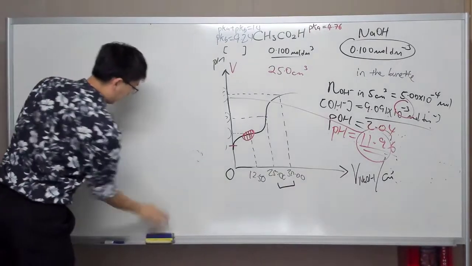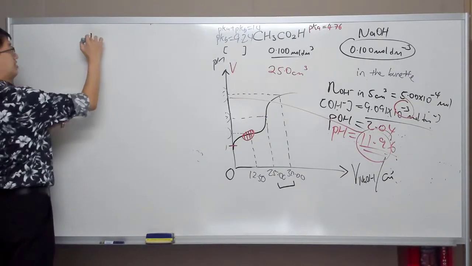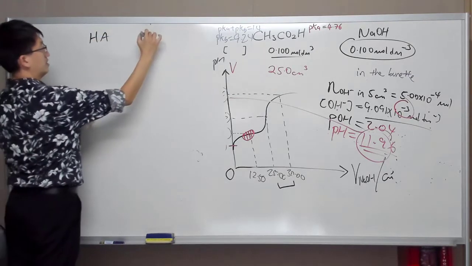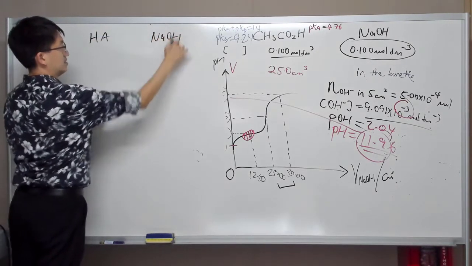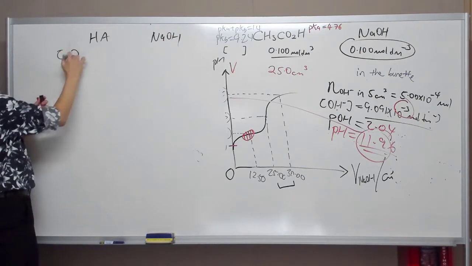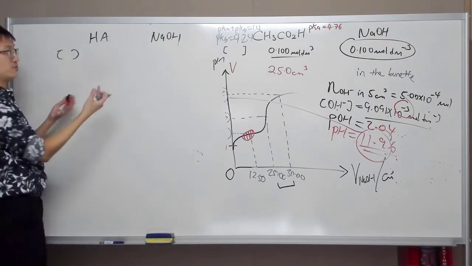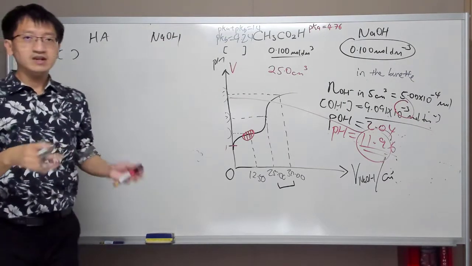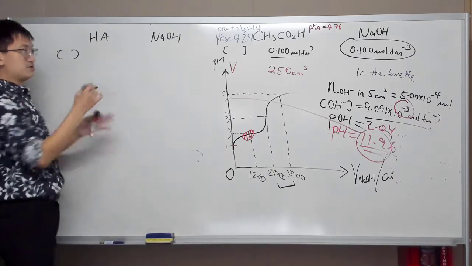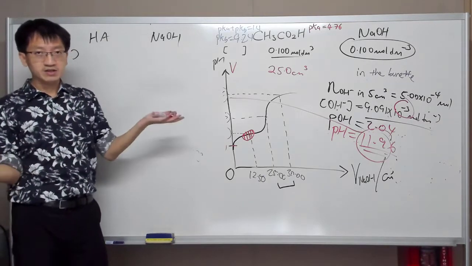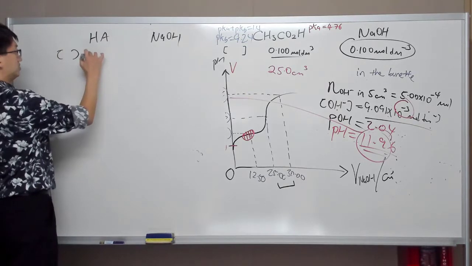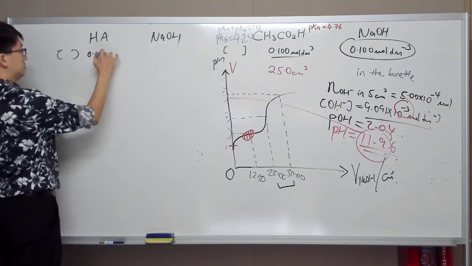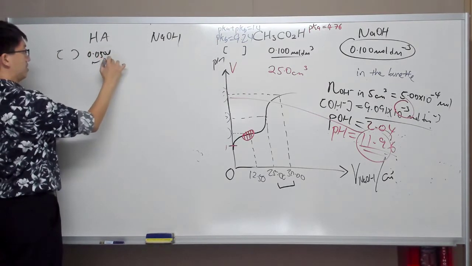You can just choose a random acid HA and a base, sodium hydroxide, and then give your own concentration, any values you want, but not ridiculous values. The concentration can be between 0.0500 all the way to 0.300.